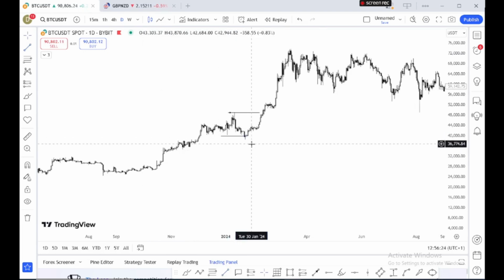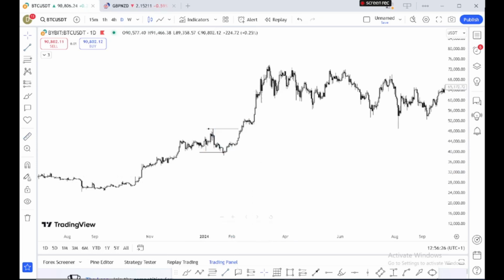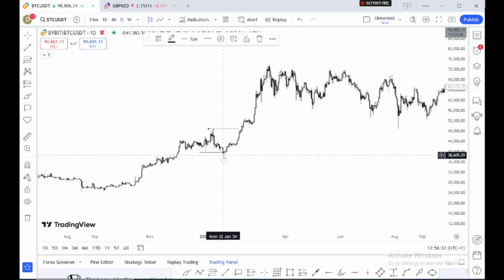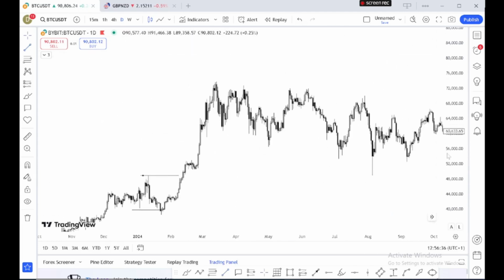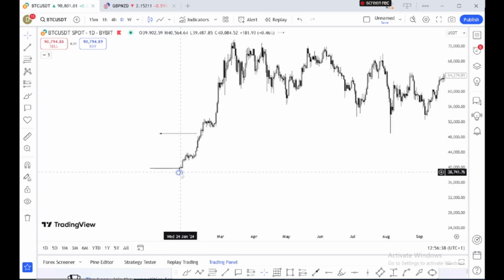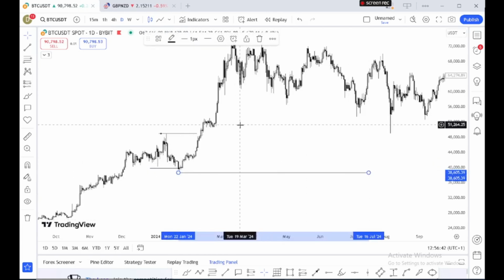So it means that we are ranging from this level to this level.